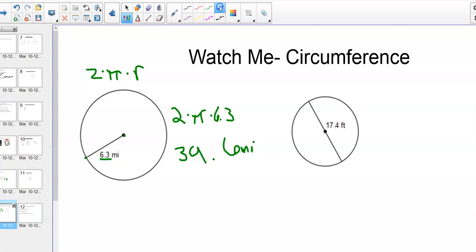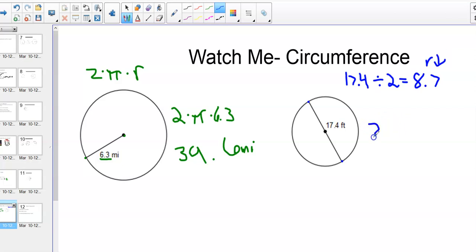Okay, on this next one, since it goes all the way from the end to the end, it's a diameter. So I need to take the 17.4 and cut it in half. So divide it by 2 equals, and that gives me 8.7. So this is my radius right here.